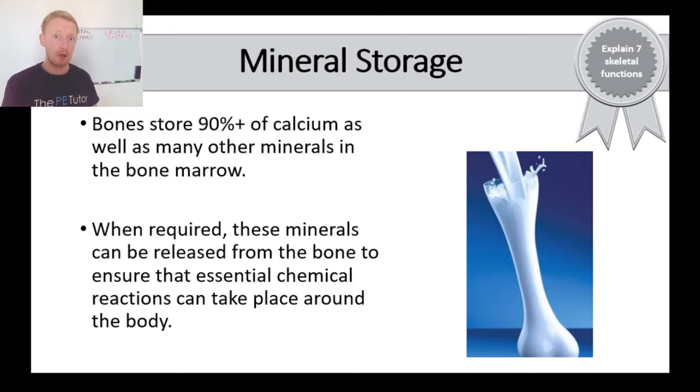One of those could be linked with our muscle contractions, which is linked to calcium, which is linked to 90% storage inside of our skeletal system. So whenever our body might need some calcium, we've got the skeletal system there as the storage. Okay? So very important. Skeletal system storing minerals. MAPPS. Movement, attachment, protection, production, storage.